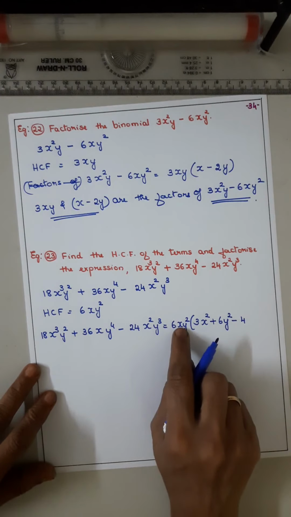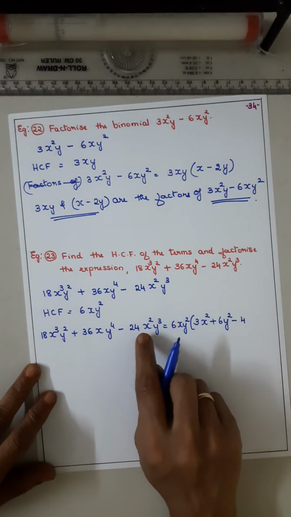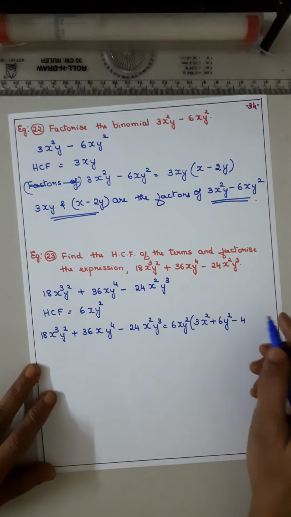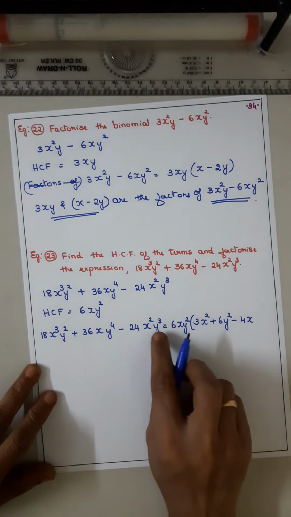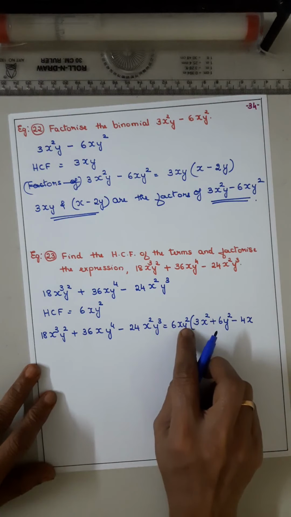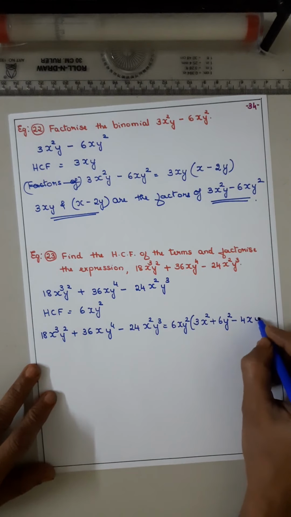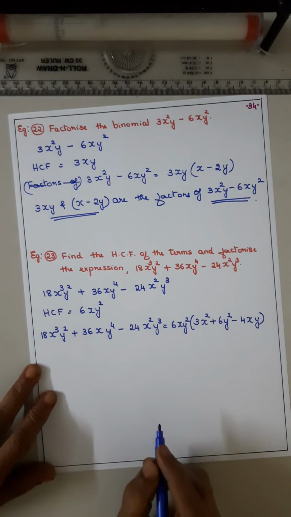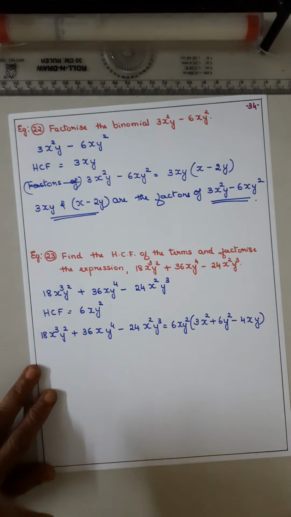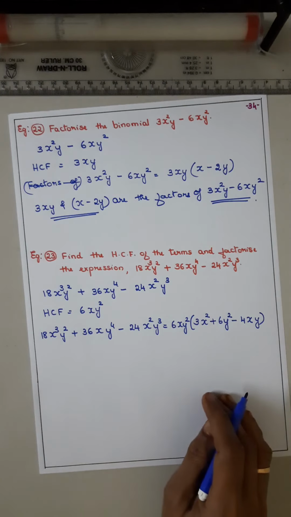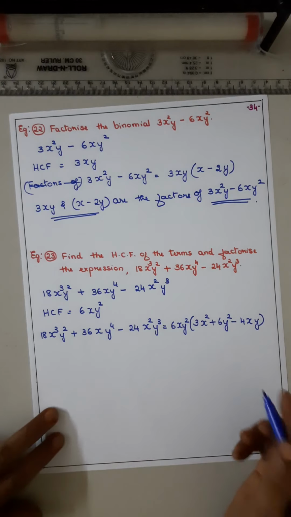Now x 1, x is written, so 1 is remaining, right? Y cube, so y squared is written, 1 y is remaining. So what is taken outside, write how much remains inside.